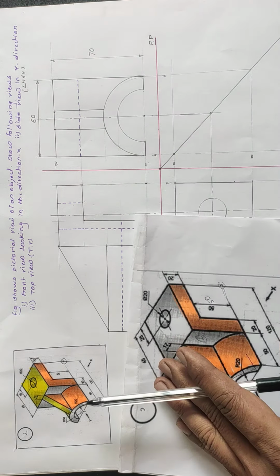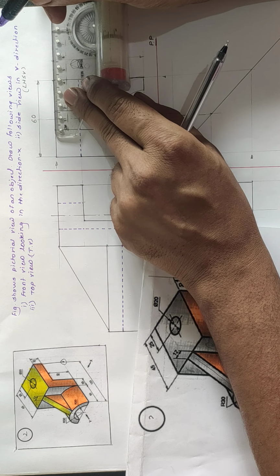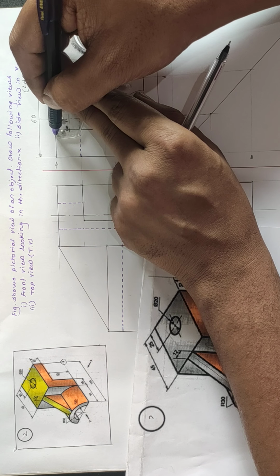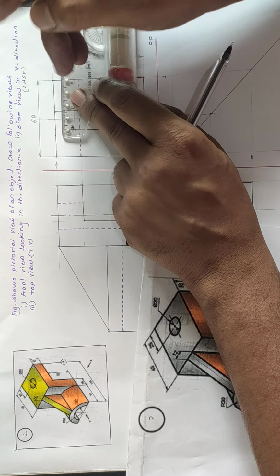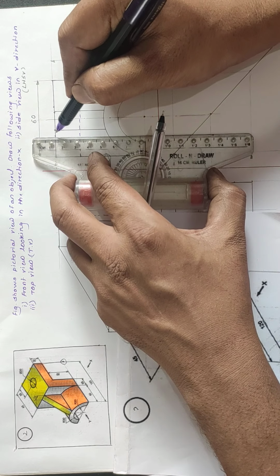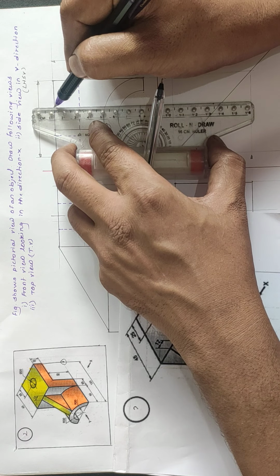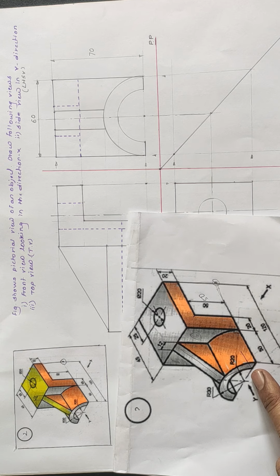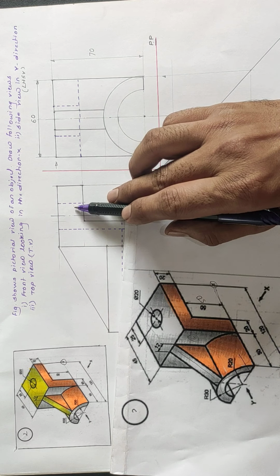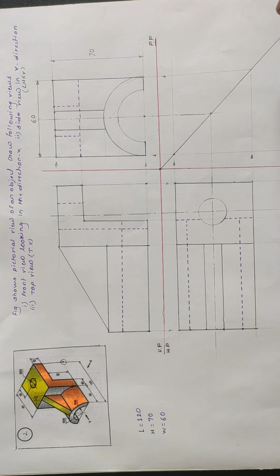Again take the scale, mark 10 mm for one side, 10 mm for the other side, and show the dotted lines up to the next dotted lines. So the hole is present in the plate, you can show it like this. So this is the final answer of the given problem.